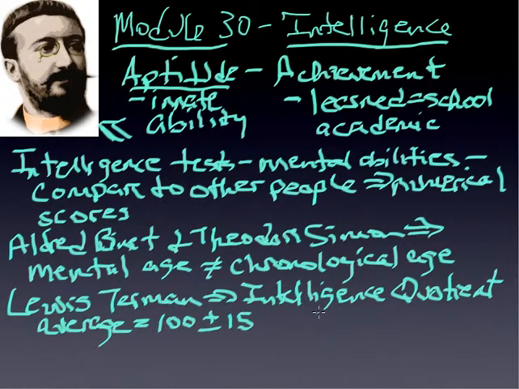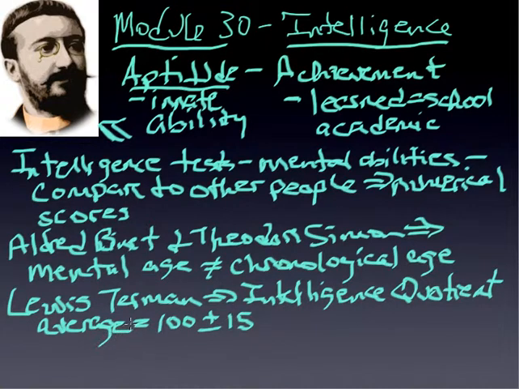And what that means then, which I'll explain in a minute, is that the vast majority of people fall within 85 and 115, essentially. And during the early part of the 20th century, intelligence tests were sometimes used in ways that even people like Binet and Terman really regretted.